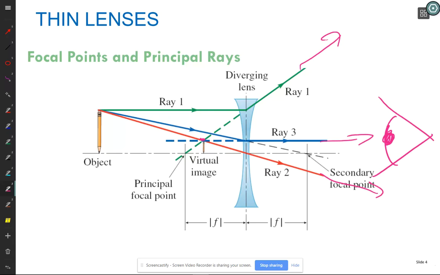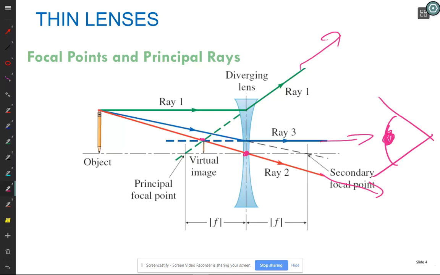Doesn't the bottom ray have to go through the focal point? By the bottom one, you mean the red one? Yeah. Okay, so the red one is the vertex ray going through the vertex. And so that's the point where the sides are parallel, so just go straight through. It's confusing because you tend to think that this blue line might be the principal axis, right? But it's not.